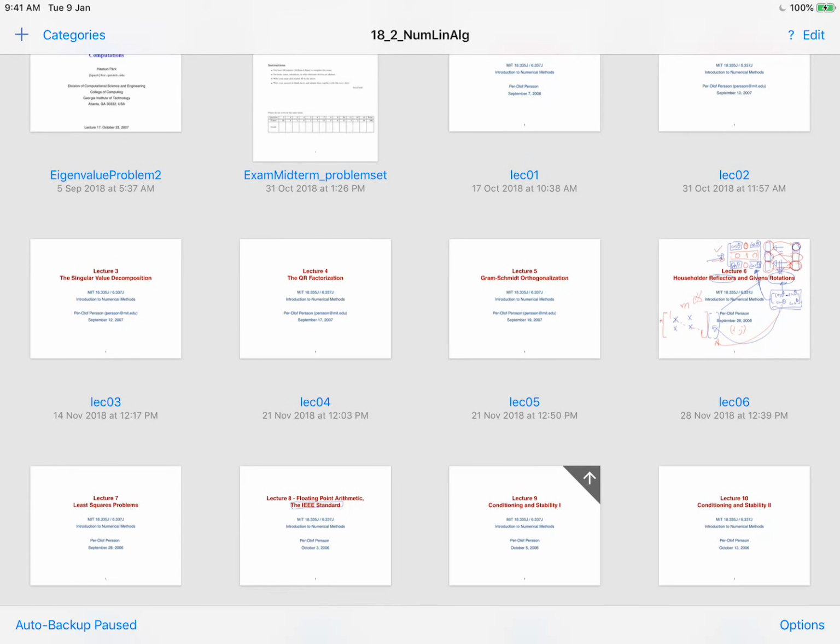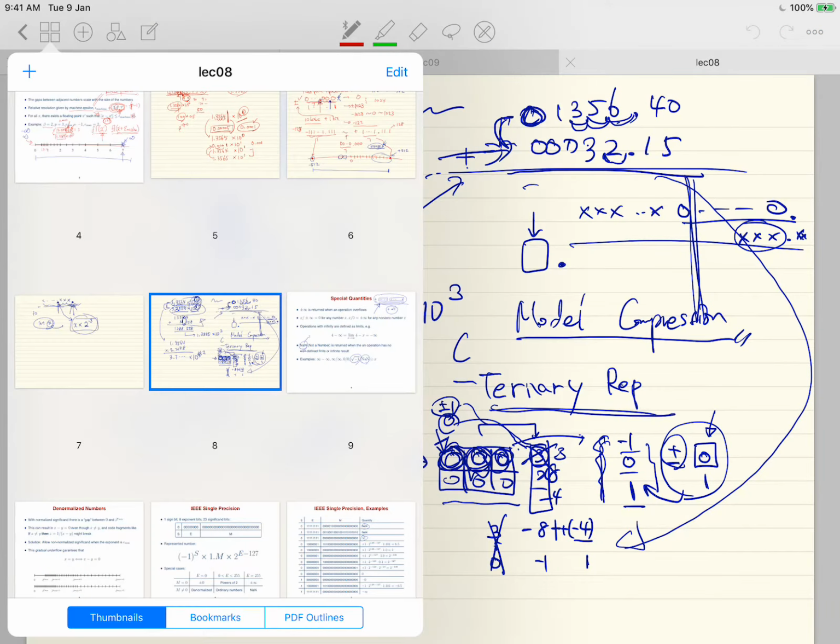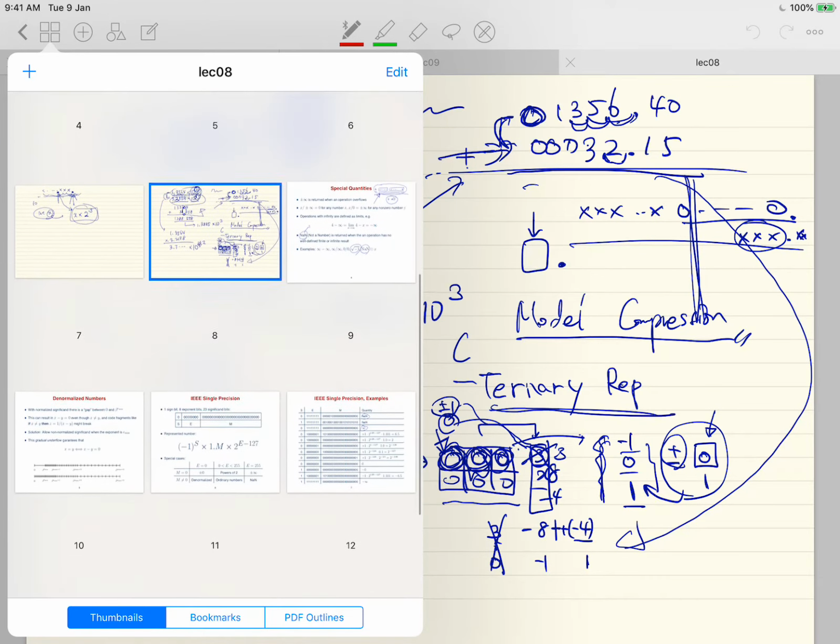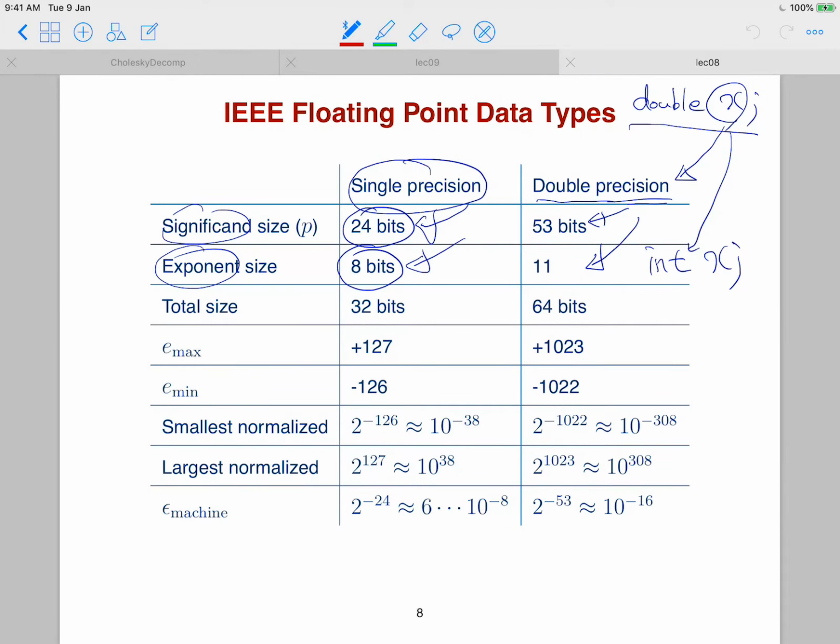So let's see. In the case of single precision, we use 24 bits as our significand, right? And in the case of double precision, we use 53 binary digits to represent the significand.